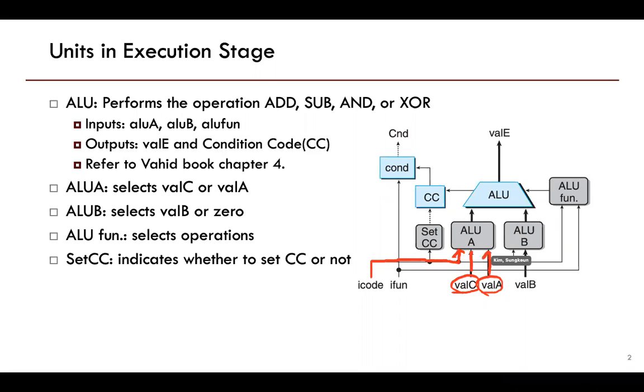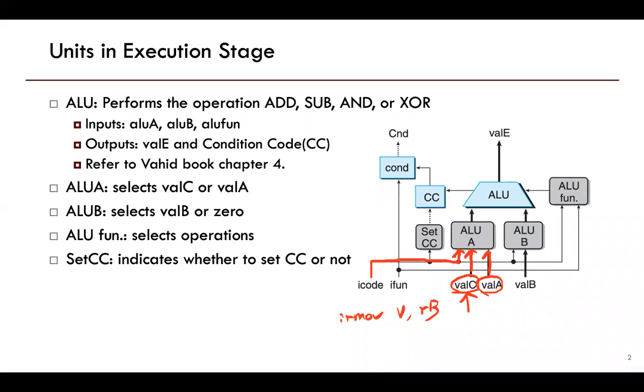For example, the irmovl instruction has a constant, an immediate value, and we move the immediate value to register rB. In this case, we need to select value C, not value A. This is one typical example.